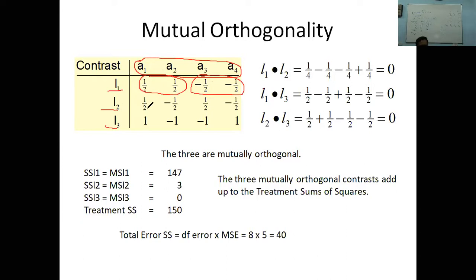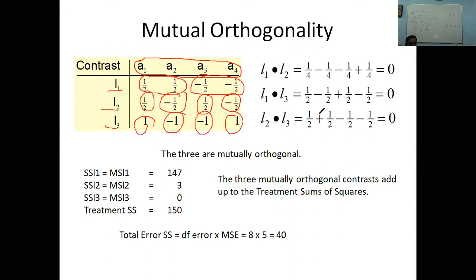Then here what I compare is A1 plus A3 versus A2 plus A4. Second contrast. The last contrast is A1 plus A4 versus A2 and A3.